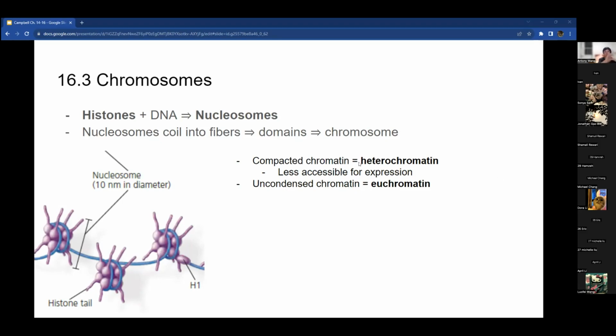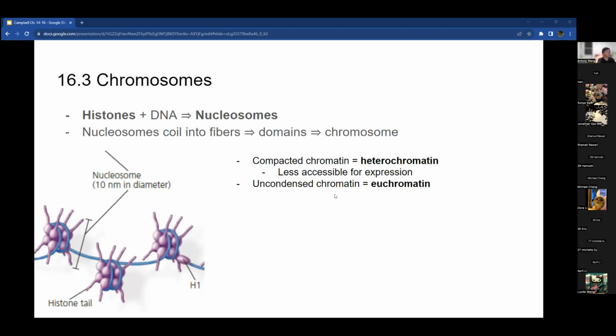Heterochromatin is compacted chromatin. If you methylate DNA, so if you add methyl groups to DNA nucleotides or to the histones, that'll make the DNA more compact and result in less transcription because the RNA polymerases can't come in and find the promoter. It's hard for transcription factors to come in too. There's just not enough space.